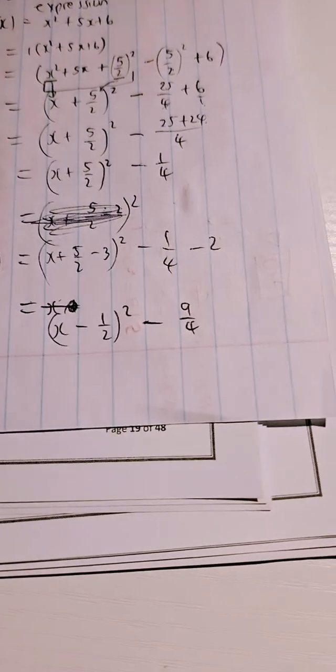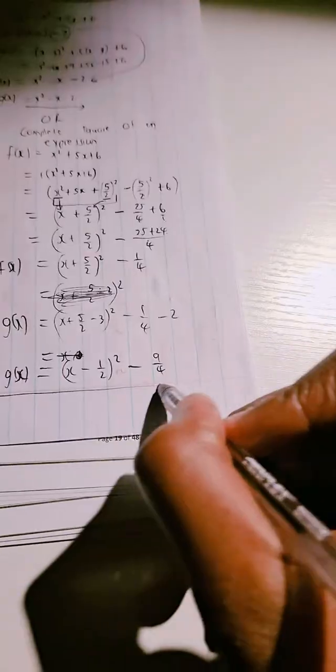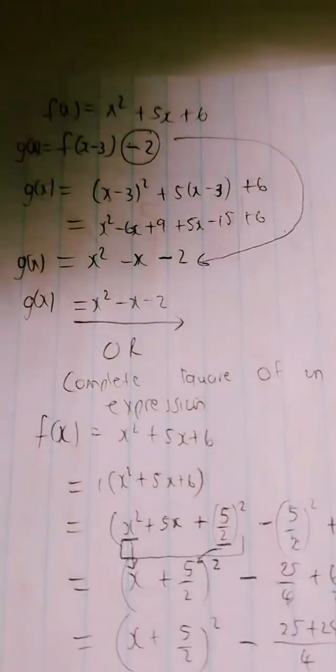So this is the function of g of x if we have the function in this form. And I think if we were to simplify it, the question is, would we get the function that we initially got here? We're going to see if that will be possible.